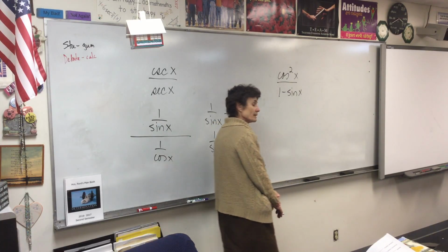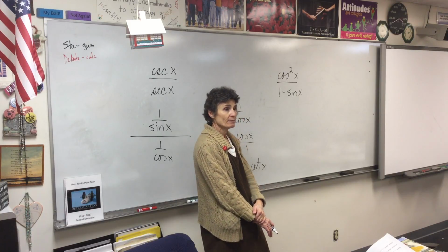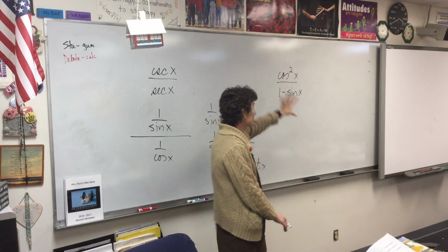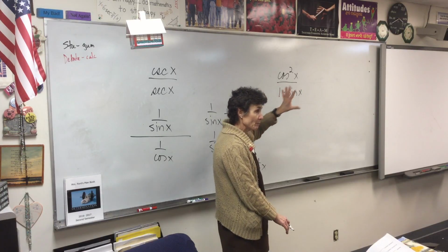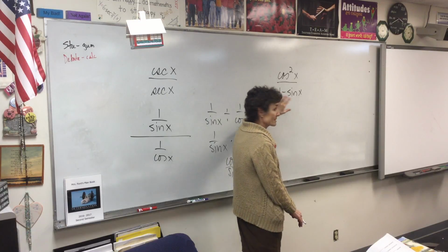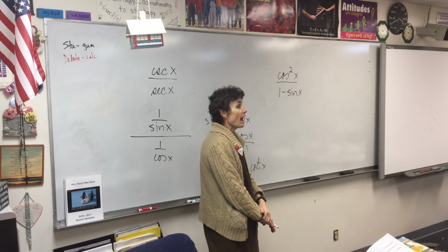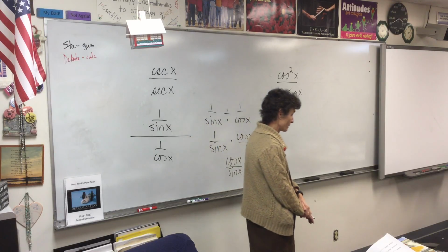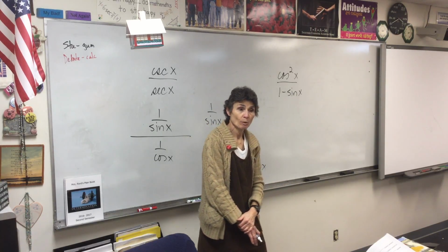Now, you really have to have practiced a little bit. When we see cosine squared, my job is to simplify that. I would love to be able to cancel, but that's a cosine and that's a sine and they don't cancel. However, what do I know about cosine squared?